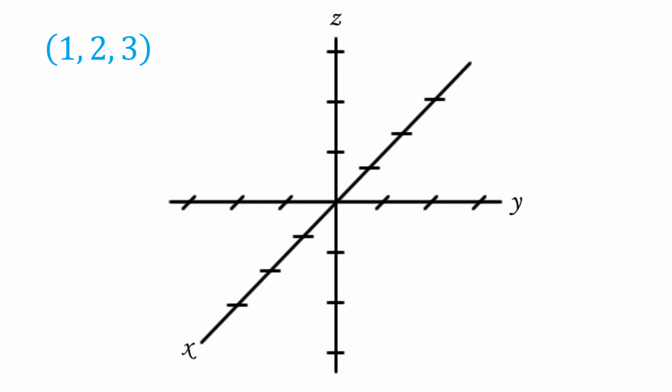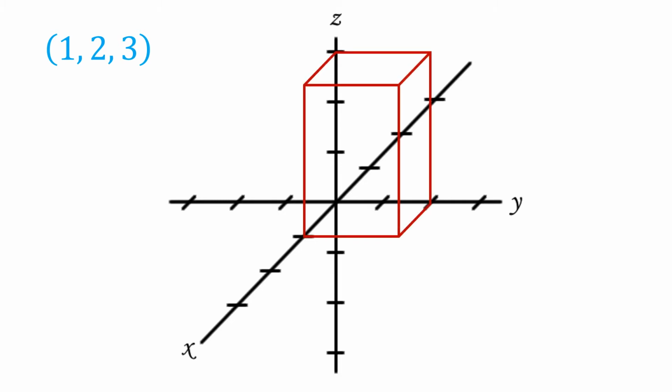Using a 2-dimensional surface to visualize a point in 3 dimensions can be a little tricky, but we can use some extra lines to make our eyes see things correctly. We'll start by drawing a rectangular prism in our coordinate system. From the origin, we'll move 1 unit down the x-axis, 2 units down the y-axis, and 3 units up the z-axis.